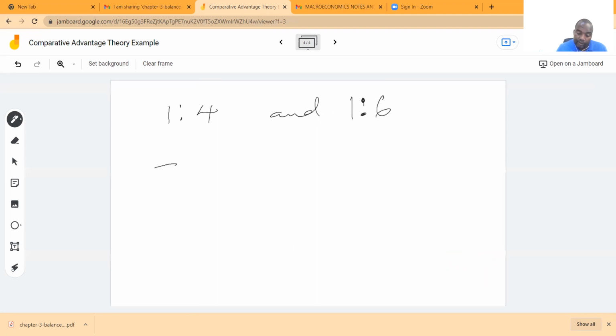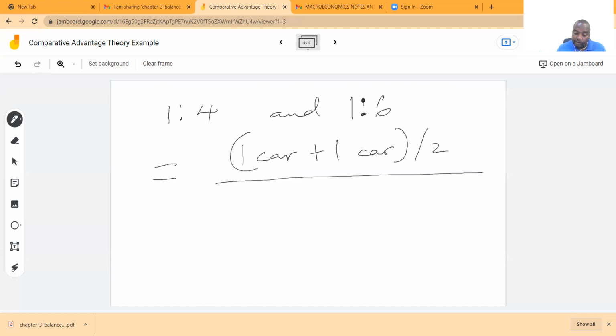So with simple mathematics, we say 1 car plus 1 car, all divided by 2, divided by 1, all divided by 4 tons of maize plus 6 tons of maize.